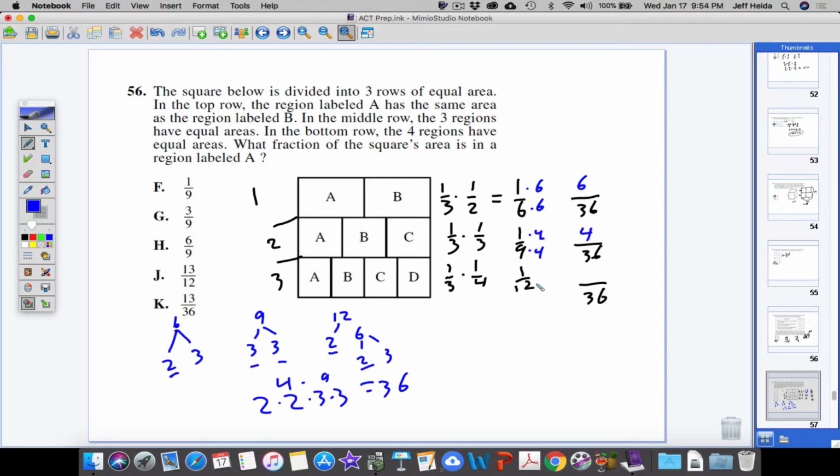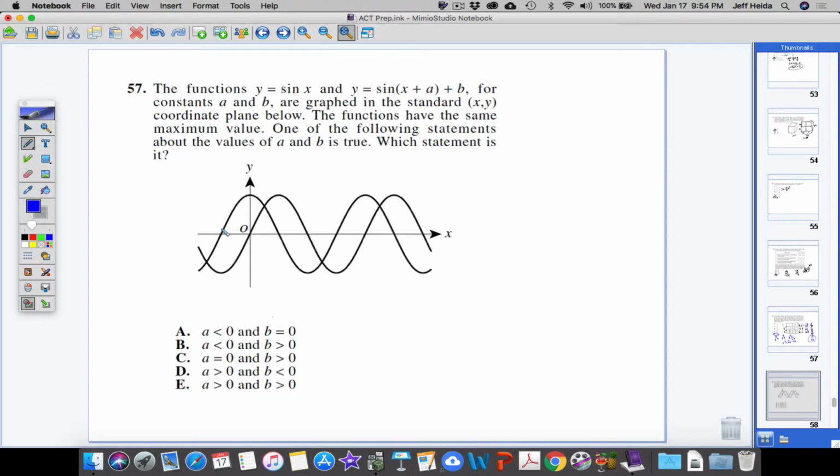That's 4 over 36. 12, you need to multiply that by 3. So that's 3 over 36. 6 plus 4 plus 3 is 13 over 36. And that is K.